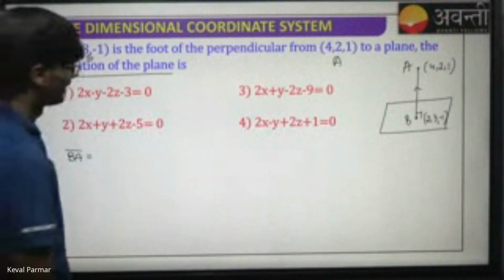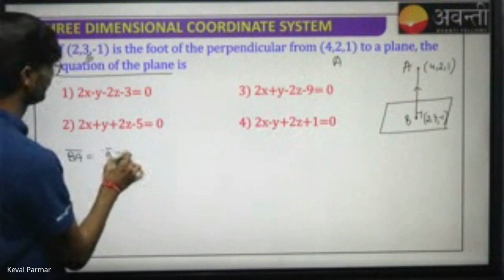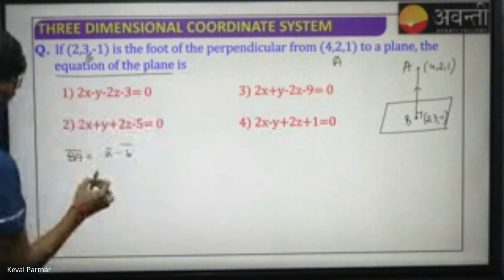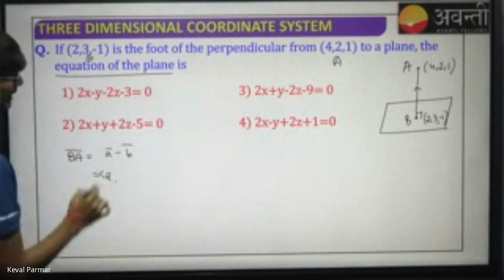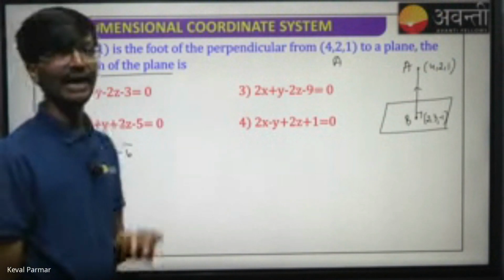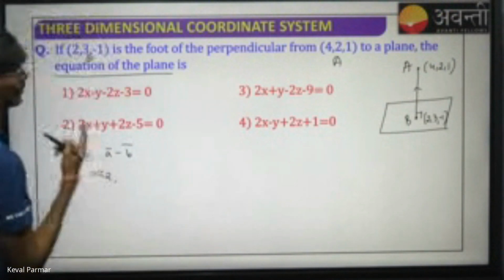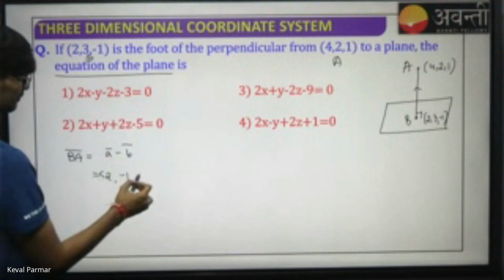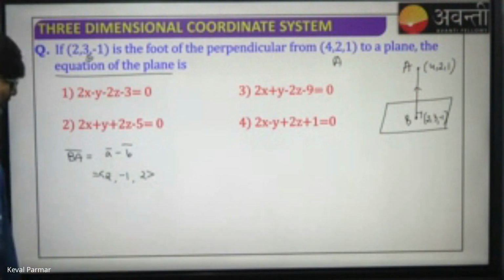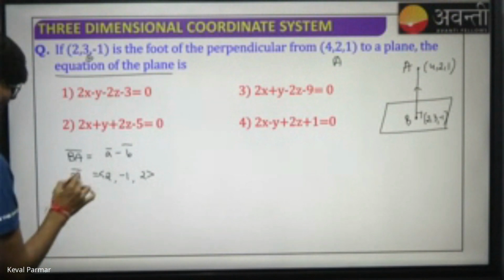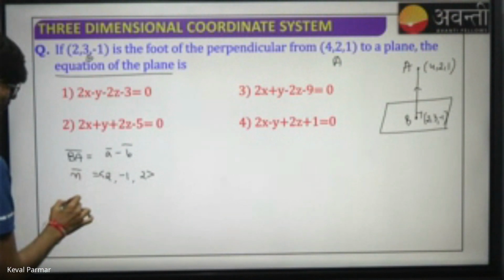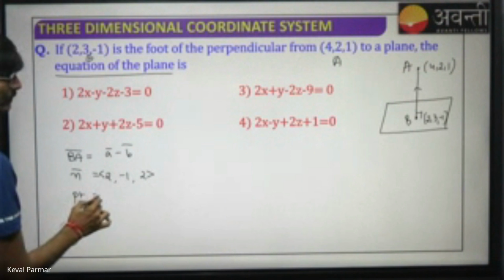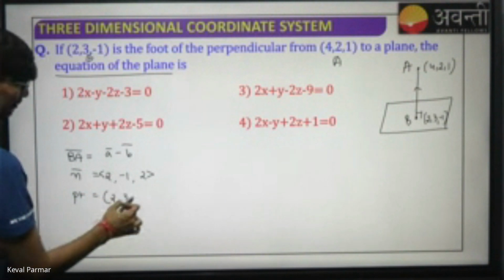BA vector is A vector minus B vector. So 4 minus 2 is 2. I am only writing coefficients, that means I am only writing DRs. 2 minus 3 is minus 1, 1 minus minus 1 is 2. This is basically the n vector. What is the point? Point is 2, 3, minus 1.